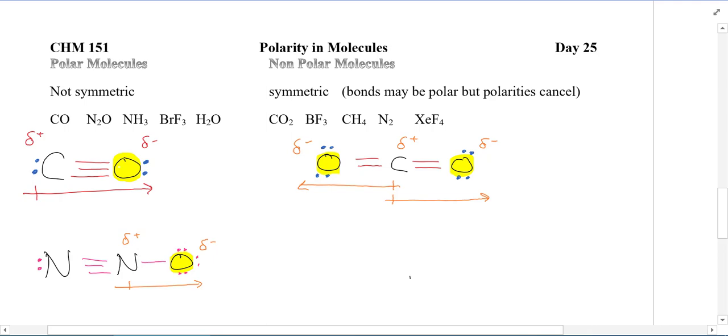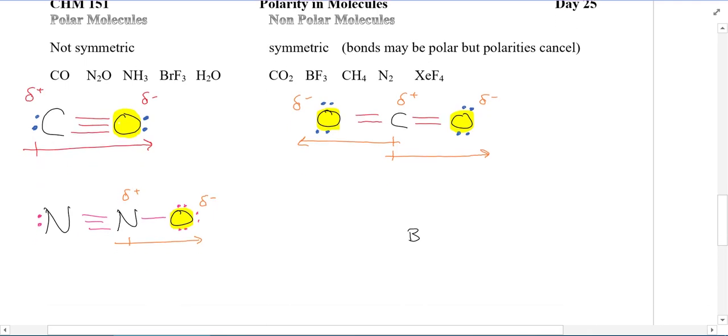BF3. Well, boron has 3 electrons. Fluorine has 7 times 3, so that's 24 electrons. F, F, F. 2, 4, 6, 8, 10, 12, and you can see they're just full. 22, 24.